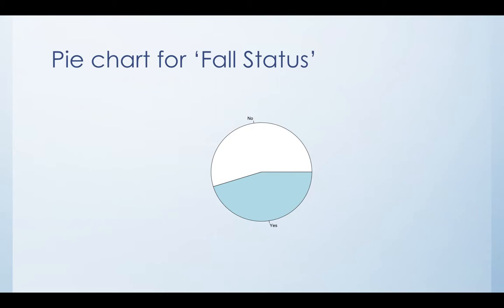One of the charts that we do for categorical variables is a pie chart. Pie charts, when you only have 2 classifications, in this case, yes or no, they're not that interesting. But nevertheless, you can see that the biggest part of the pie goes with the no's, and the smallest part of the pie goes with the yeses, so it gives you an indication where the classifications fall.